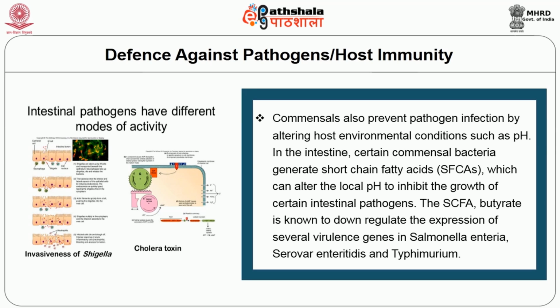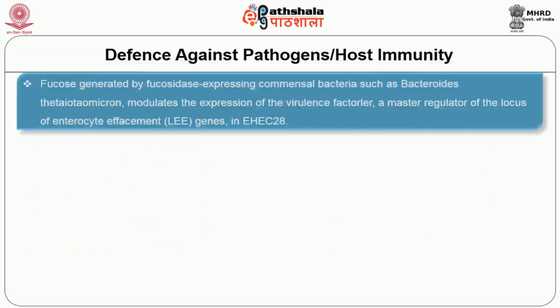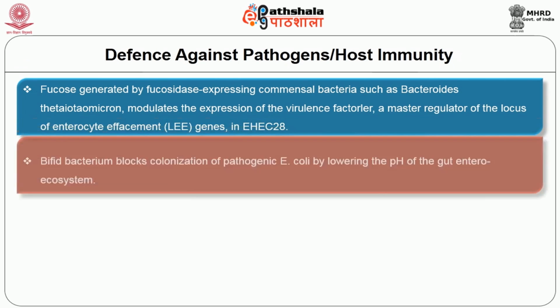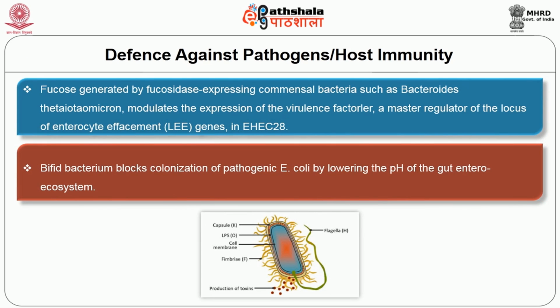The short chain fatty acid butyrate is known to downregulate the expression of several virulence genes in Salmonella enterica serovar Typhimurium. Fucose generated by fucosidase-expressing commensal bacteria such as Bacteroides thetaiotaomicron modulates the expression of the virulence factor LEE, a master regulator of the locus of enterocyte effacement genes in EHEC. Bifidobacterium blocks the colonization of pathogenic Escherichia coli by lowering the pH of the gut ecosystem.